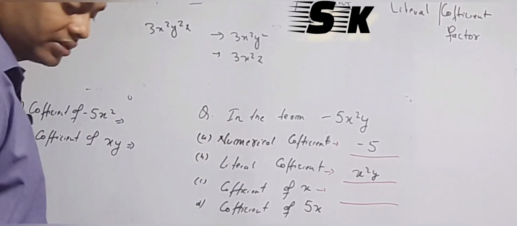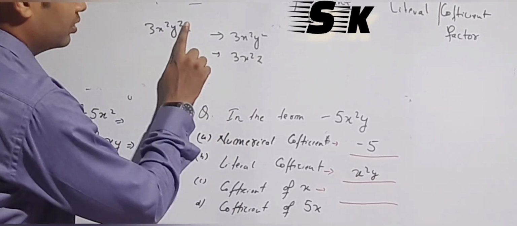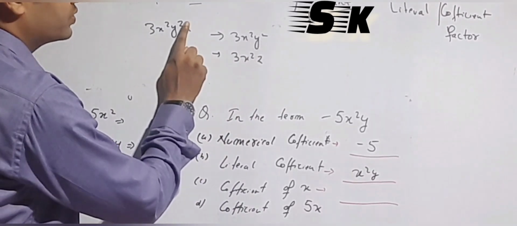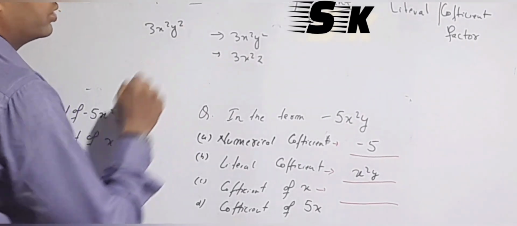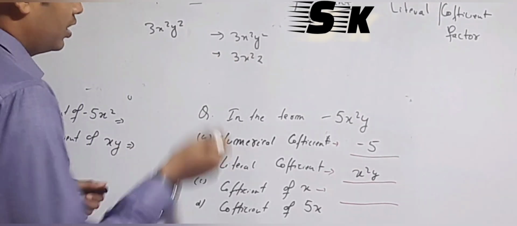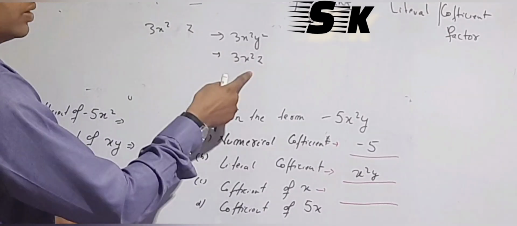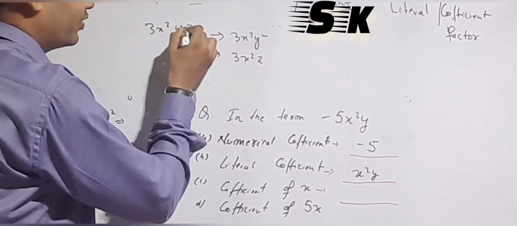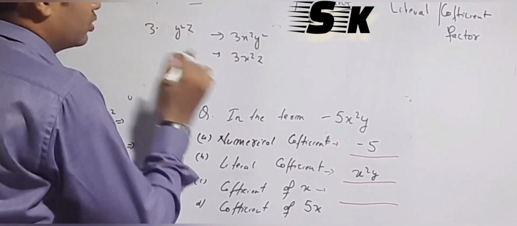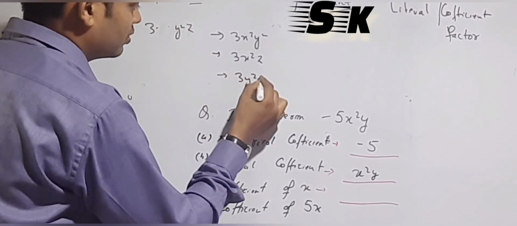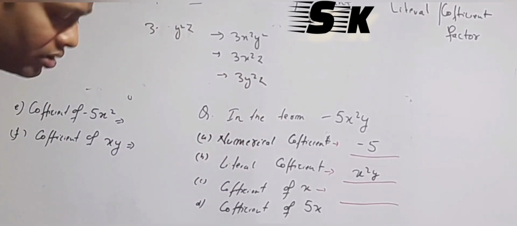It means whatever they are asking, you are hiding that one. In the first case, they are saying coefficient of z, hide the z. Z is not there, so the answer is this one. Now in the second question, they are saying coefficient of y square, so remove the y square and write this one. That is the shortcut. If they say coefficient of x square, this is not there, so the answer will be clear. This is a shortcut.